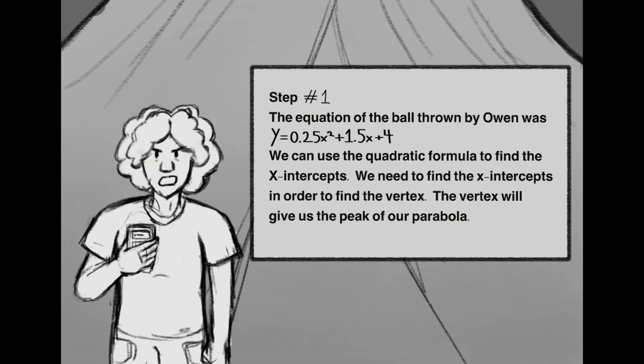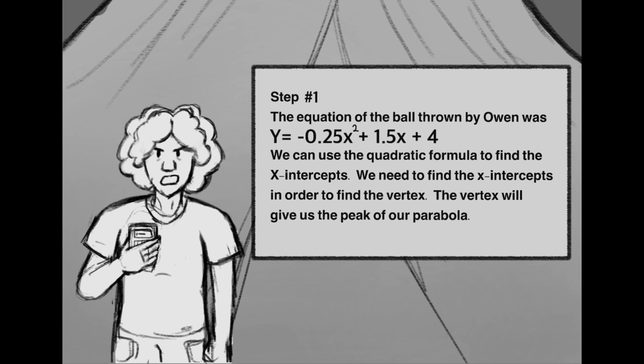Step 1. The equation of the ball thrown by Owen was y equals negative 0.25x squared plus 1.5x plus 4. You can use the quadratic formula to find the x-intercepts. We need to find the x-intercepts in order to find the vertex. The vertex will give us the peak of our parabola.